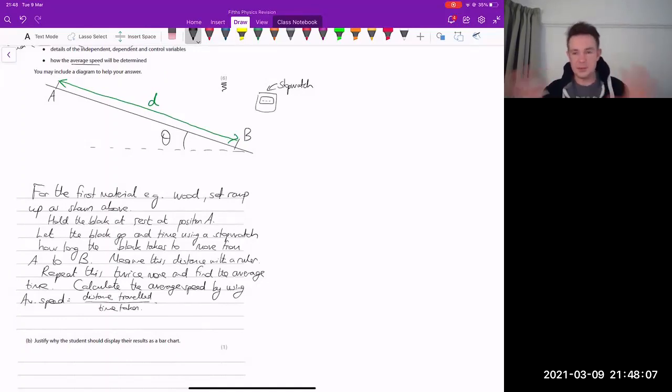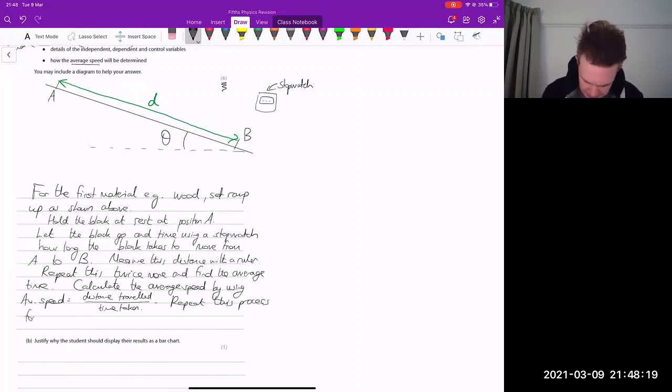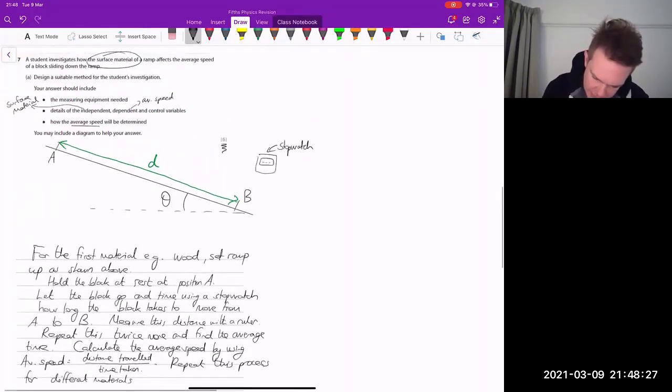Then we're done for wood. We then repeat this. Forgive my handwriting. Repeat this process for different materials. Finally, we've not mentioned control variables.